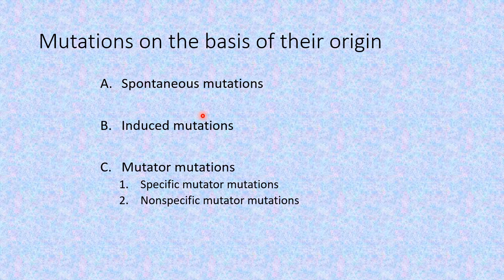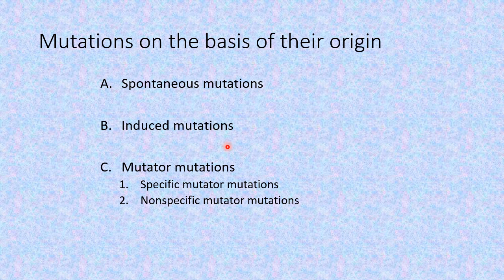There was no effect of any external physical or chemical agent in order to alter the nucleotide sequence. So that is the spontaneous mutation. If they are induced by means of certain chemical or physical agents, that is, they are intentional alterations, then they are known as induced mutations.